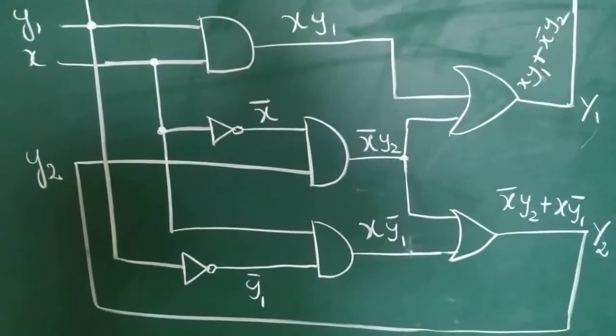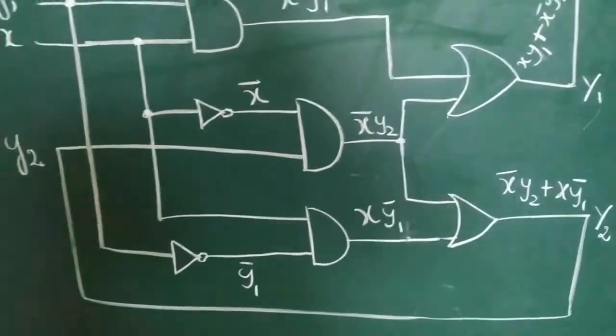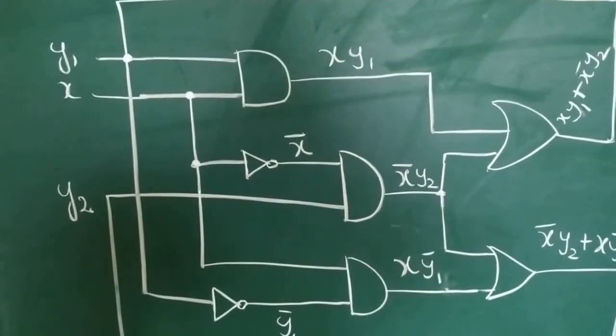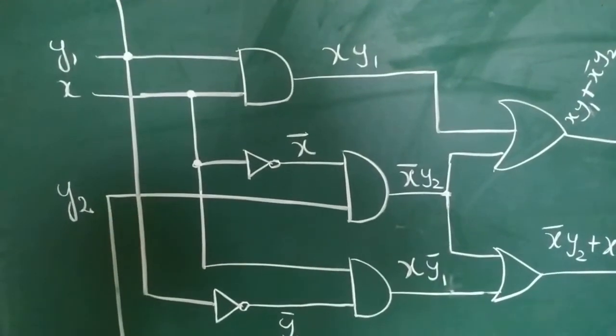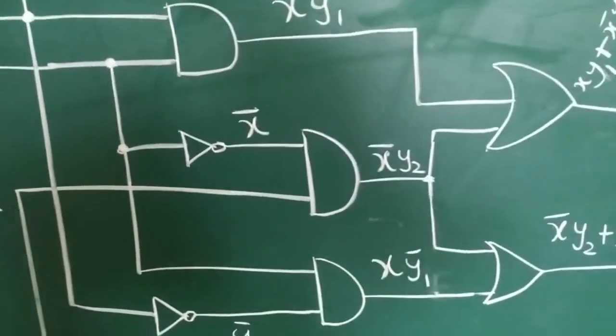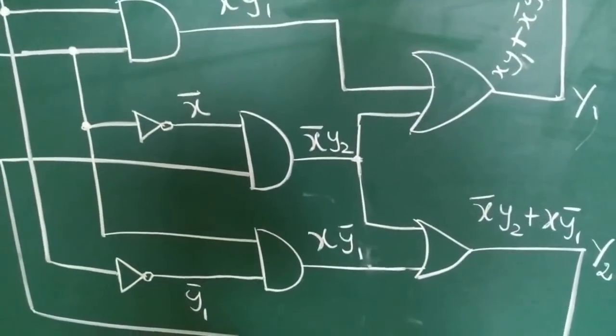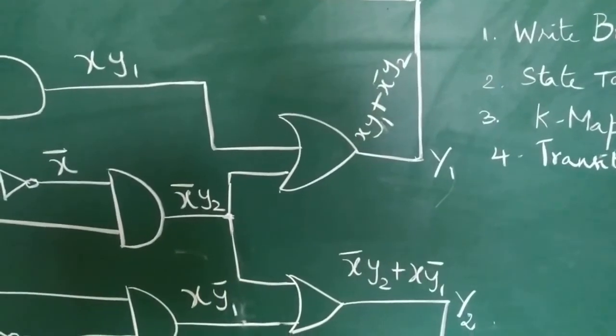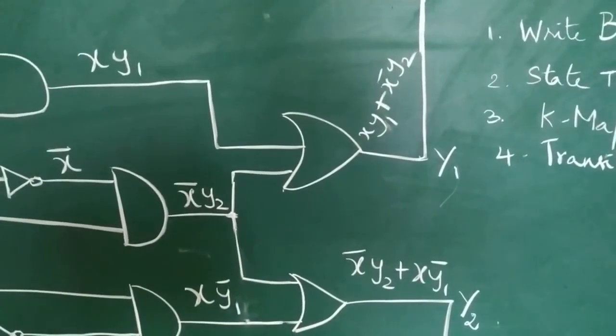And for the third AND gate, it starts from the x, you can see here, and its output is xy1 bar. For the OR gates, you know it is a plus operation.